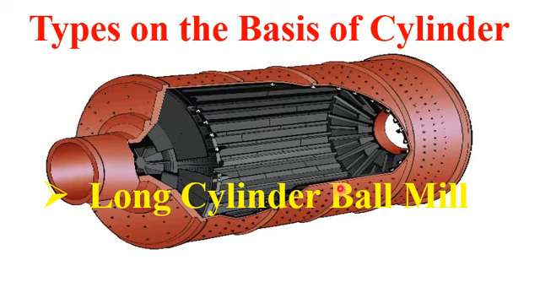So in conclusion, dear student, please note that a short ball mill apparatus has a length equal to or less than 2 times the diameter of the ball mill apparatus, whereas the medium cylindrical ball mill apparatus has a length equal to 3 times the diameter of the ball mill drum, whereas in long cylindrical ball mill the length is more than 4 times the diameter of the ball mill drum.